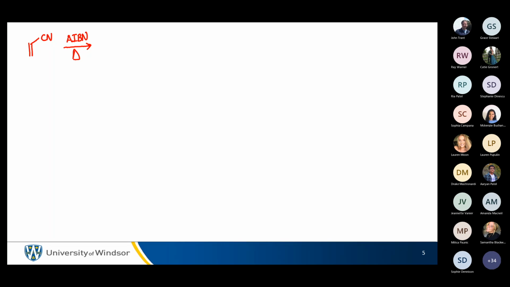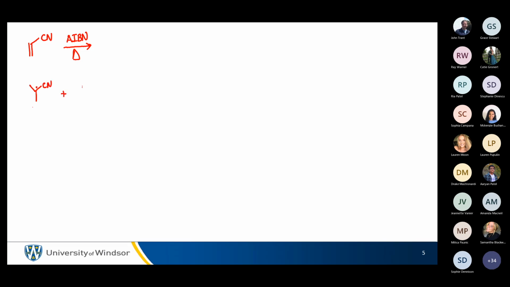So notice that there's only one thing in there. There's only this acrylonitrile, which is what that thing is called. There's no HBr, there's no HCl, there's no Br2, there's nothing else. There's just that. And this is when you get polymerizations, because there is only one weakest bond. And so we generate the AIBN radical.